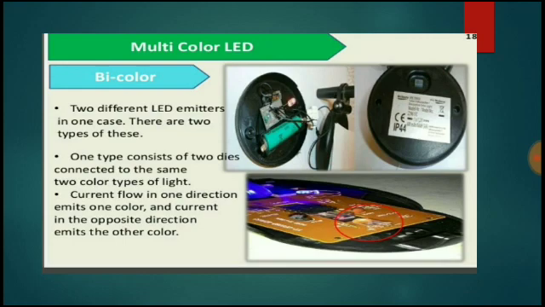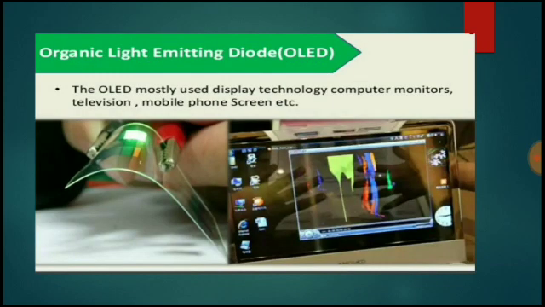Another one is where current flowing in one direction emits one color, and current in the opposite direction emits another color. So these are the bicolor LEDs. Bi means two colors, two color LED. See this bicolor LED system.